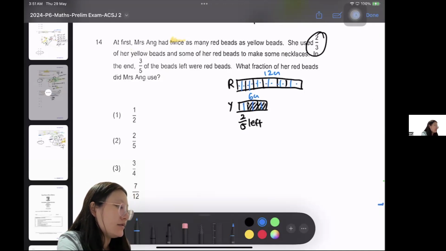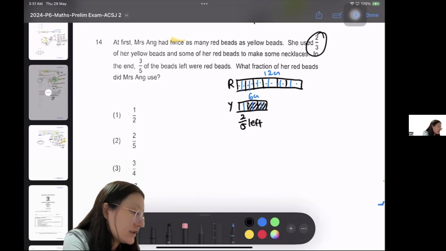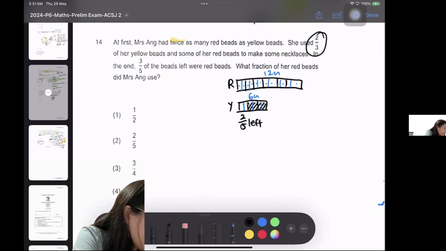Okay, because that one is 2/5, so it's 3 out of 12, right? That is left. This one left. 3.